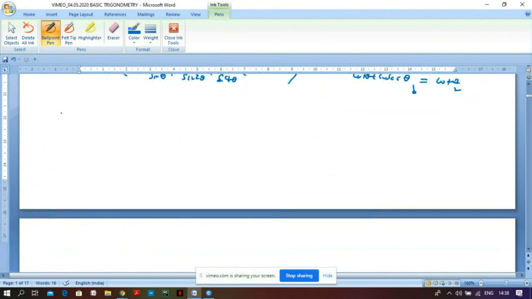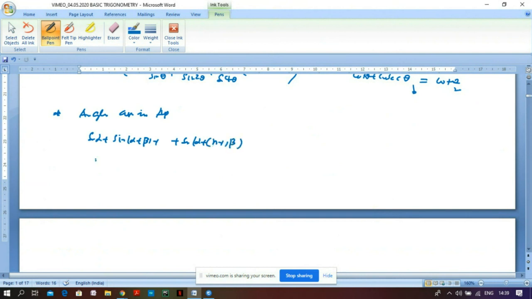Then we have the sum of a sine series when the angles are in AP. So when angles are in AP, we have sine of alpha plus sine of alpha plus beta, up to sine of alpha plus n minus 1 beta.